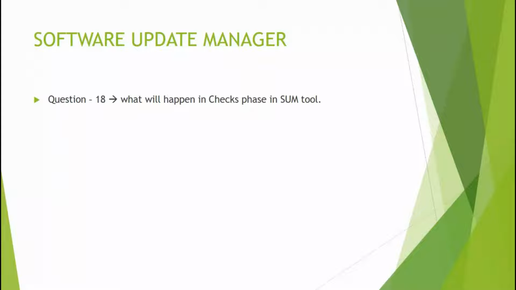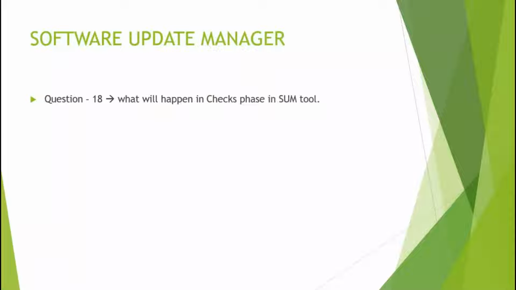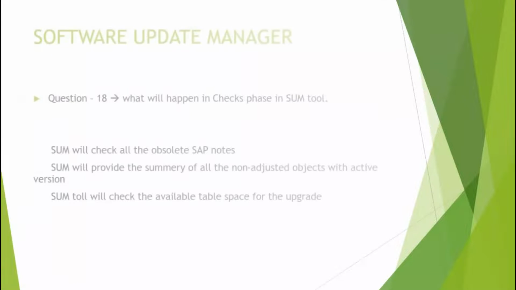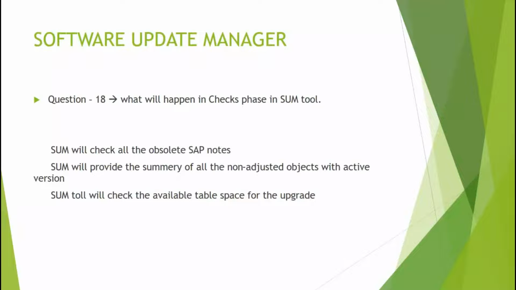So the question an interviewer can ask you is, what will happen in the check phase in the SUM tool? Check is a small phase that will be completed in only 30 or 40 minutes. In the check phase, the SUM tool will check all the obsolete nodes that your system has, and it will provide the list of obsolete nodes, how many there are in your system.